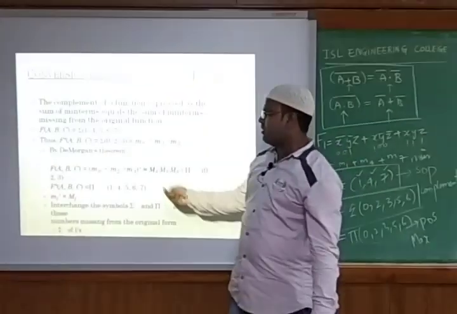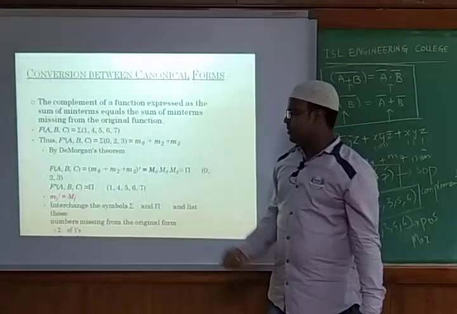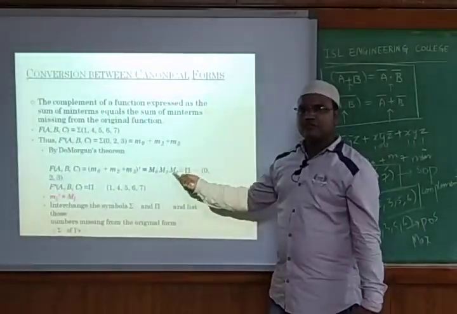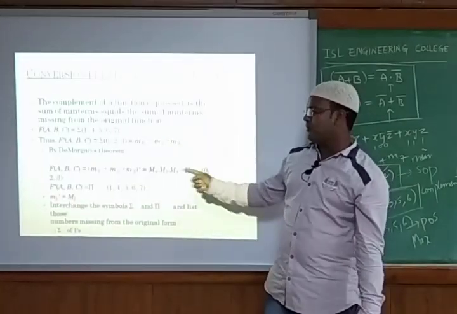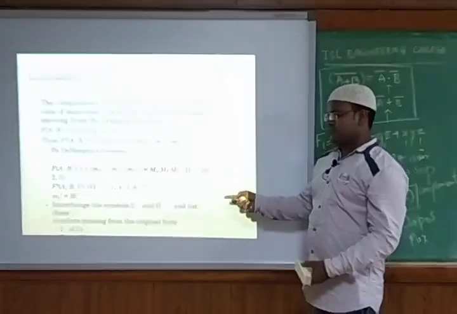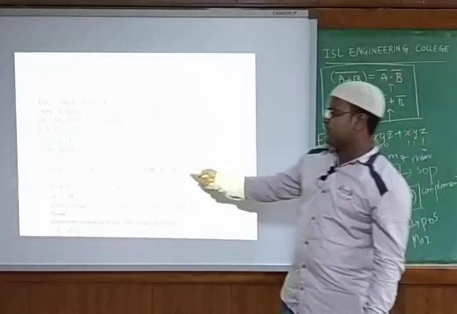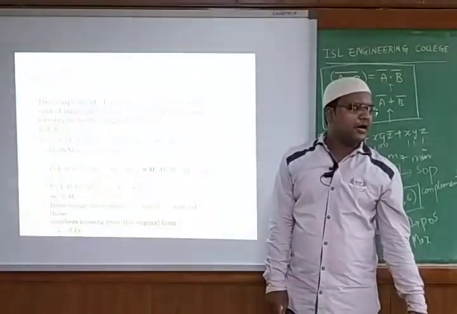By applying De Morgan's law, we can write this complement. How do we mention the complement of this? M0, M2 and M3. So 0 indicates a product term of 0, 2, 3. You can modify it by taking these terms. So how do we write it? The same thing, the sum term is now modified into a product term by mentioning the pi.